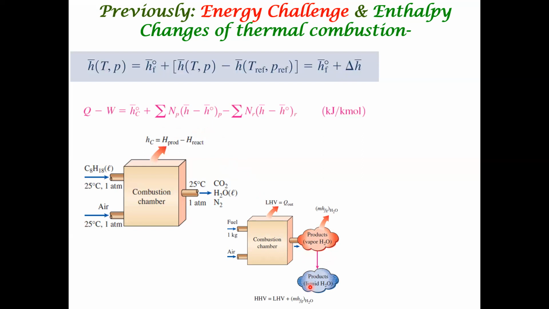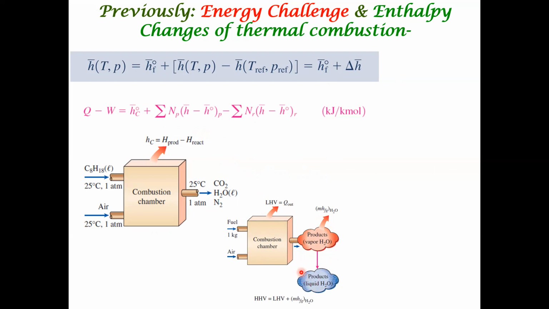So that corresponds to higher heating value. But if the product of combustion is just water vapor, then that corresponds to lower heating value. So combusting H2 with O2, forming water in the vapor state will give you less heat. But if you form liquid water, you will get more heat.